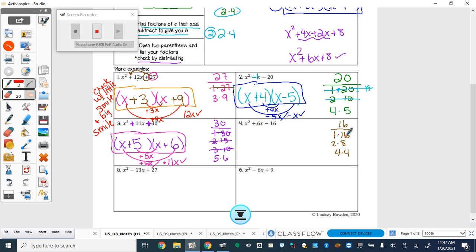And if I do 16 minus 1, I get positive 15, so that's not going to be it. 2 minus 8 would be negative 6. I'm almost there. If I go the other way, 8 minus 2, there's my positive 6. So I want to have a positive 8 and a negative 2 because I want to do 8 minus 2 for that middle term there. So little smile would be positive 8x, big smile would be negative 2x. Add those together, you get positive 6.